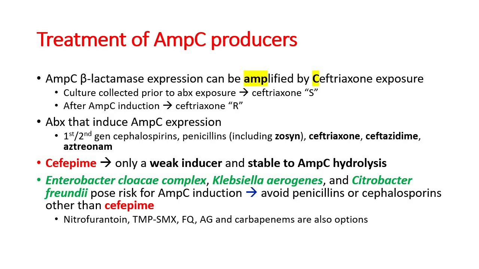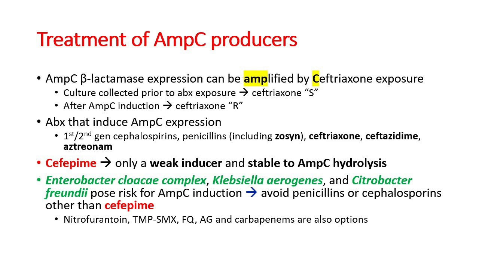A couple other things I'll talk about, and then I'll stop and take any questions. Just resistant gram-negative germs, AMP-C: this is a beta-lactamase that's amplified by exposure to ceftriaxone.